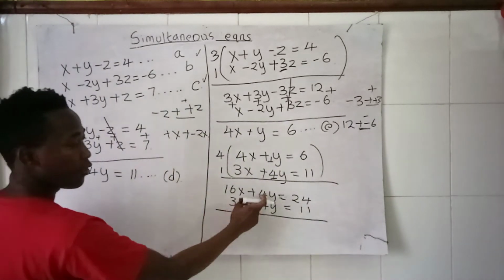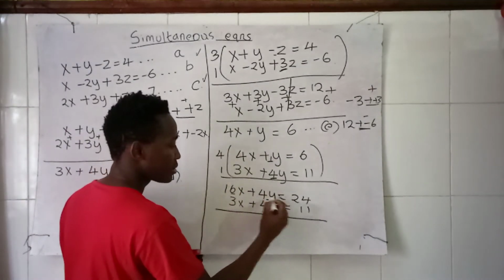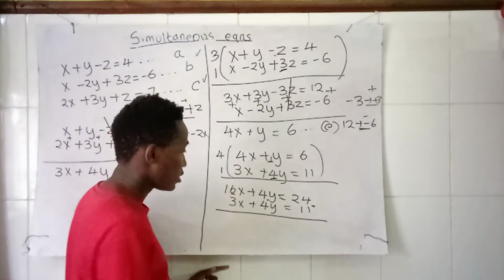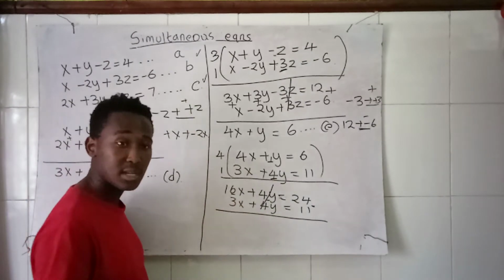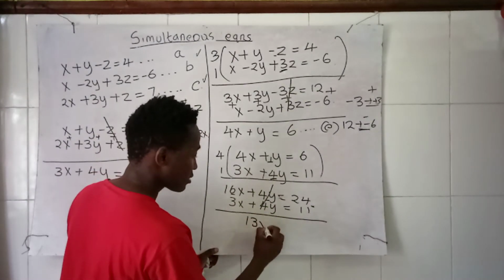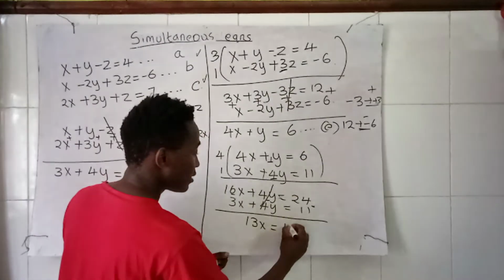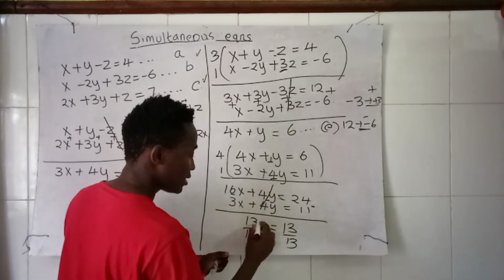So 4y and 4y are similar. I subtract. 4y minus 4y, 0. Inatoka 16x minus 3x, 13x is equals to 24 minus 11, 13. Divide by 13, divide by 13.